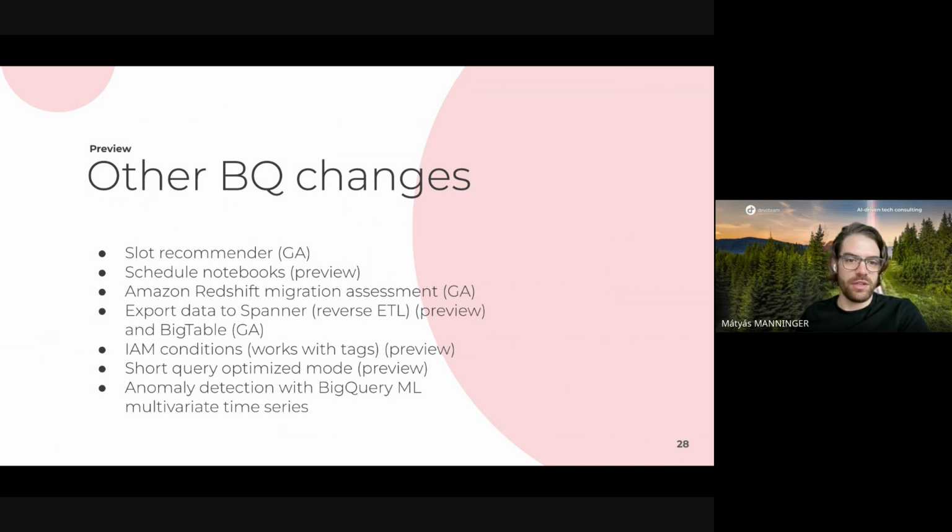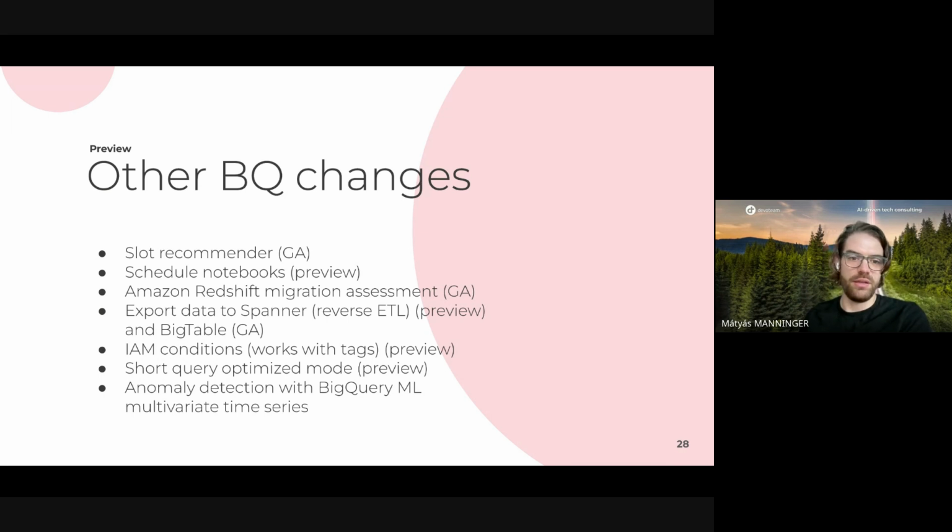And now you can also schedule these notebooks. If you're using Amazon Redshift but want to migrate to BigQuery, then now there's a tool for the migration assessment that is generally available. You can also export your data to Spanner with the reverse ETL and Bigtable.